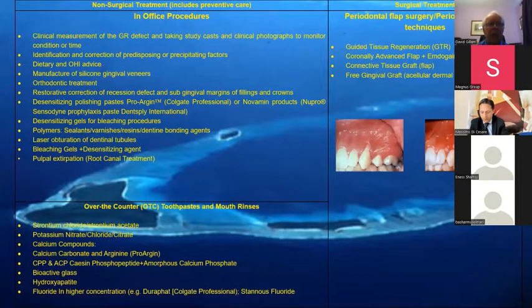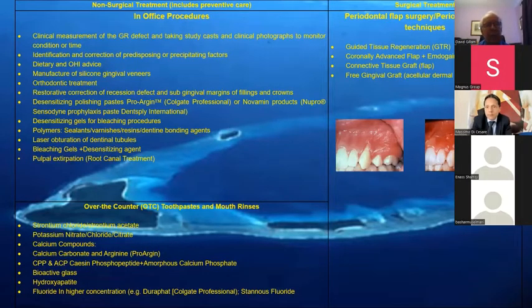So here, this is basically a guide for non-surgical treatment, including preventive care, and these are recommendations: desensitizing toothpaste, and the various procedures that have been used from the literature. Again, identifying and correcting predisposing and precipitating factors is key.